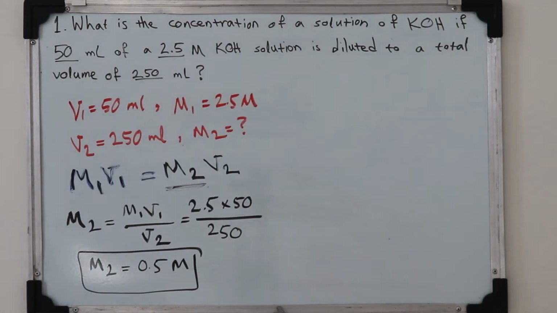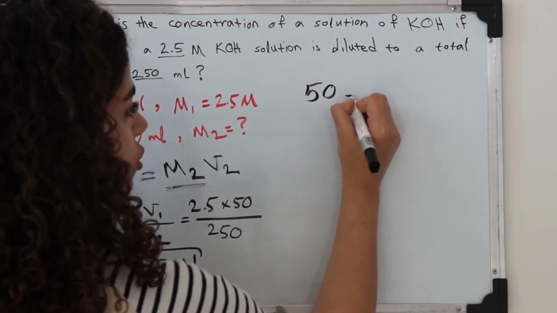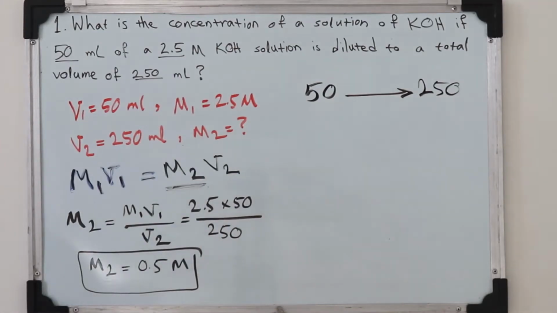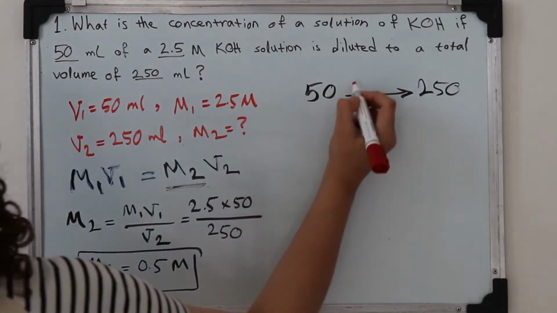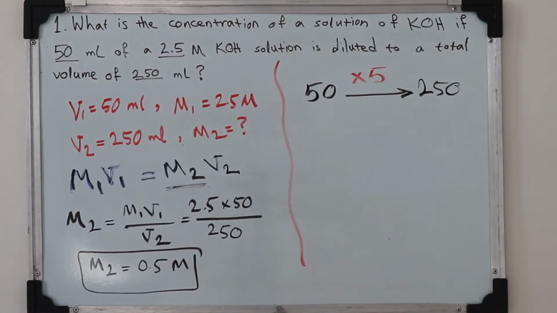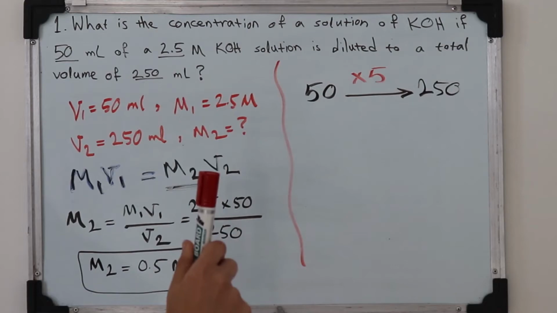Now let's make some sense of these numbers. The volume changed from 50 to 250. So the volume increased by a factor of 5. In a dilution problem, anytime the volume increases, the concentration will decrease.